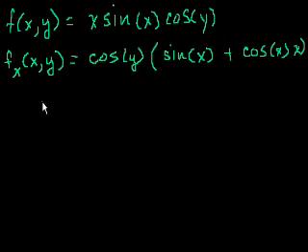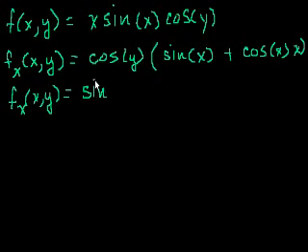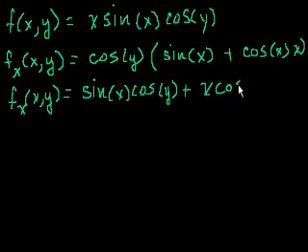So if we wanted to expand it all out, the partial of f with respect to x, it's a function of x and y, equals sine of x cosine of y plus, let's put this x out front just to change the order, x cosine of x cosine of y. Not too difficult. You just have to realize that anything with the y is a constant.